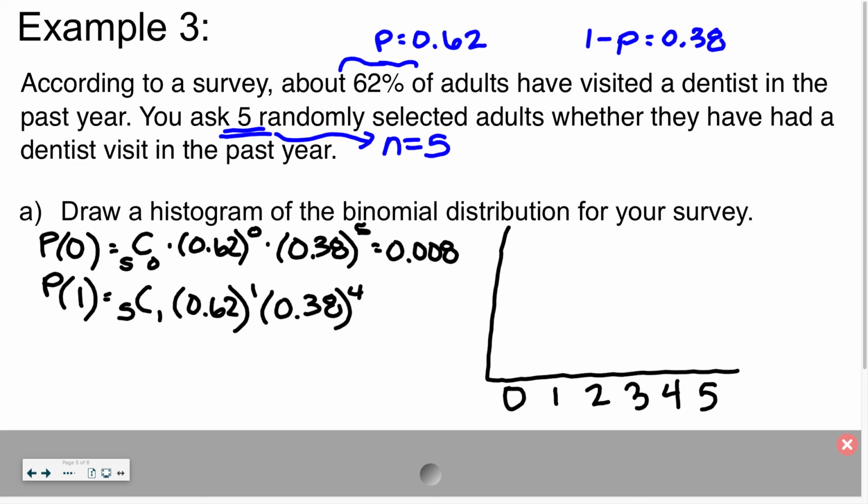Let's see, Abby got 0.065 for one success. And then you keep going down and do all of them. PF2, PF3, PF4.